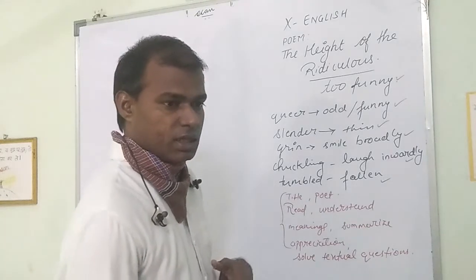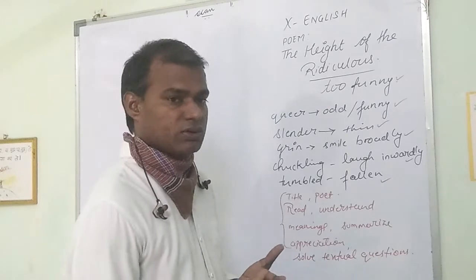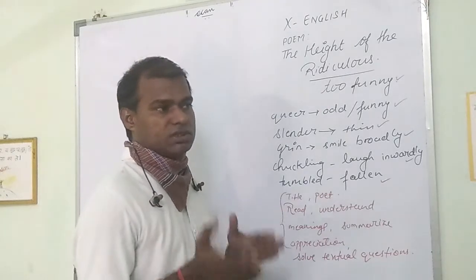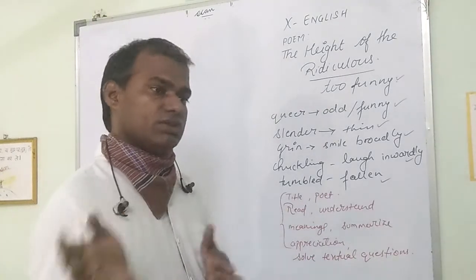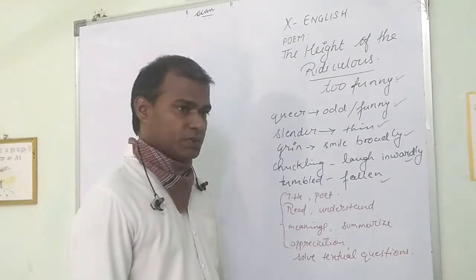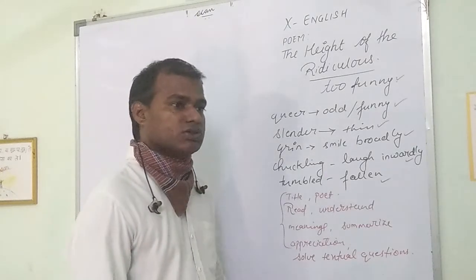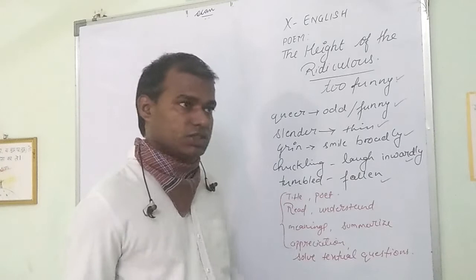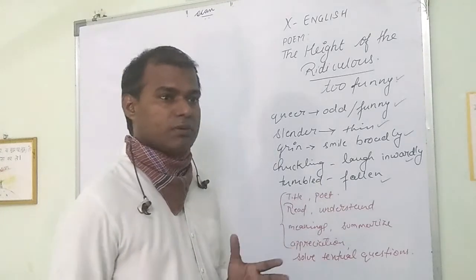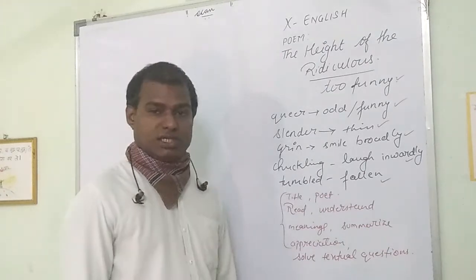Whenever such words are there, you will be able to understand how those words are used in the poem and how they are used generally. Then summarize the poem. After reading and understanding, the student should be able to explain it in short, simple words. Next is appreciation.